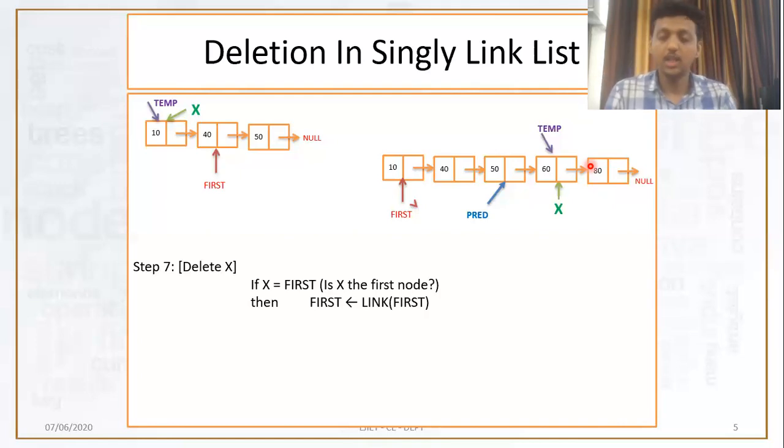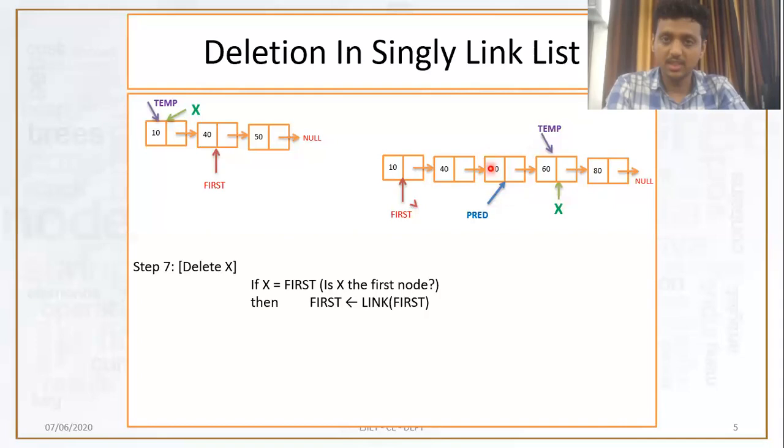Fine. Now if I want to assign the link of this node, so students, if this is 50, sorry, this is pred, then the link of this node is link of pred. So what I need to do, assign link of pred to this 80. Okay, so what is the name of this node? Pred.